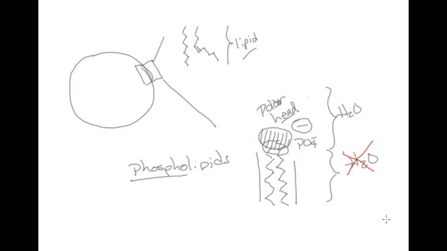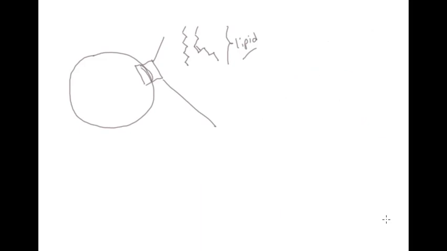And there's a name for a substance like this. This substance is called amphiphile, meaning that it can interact with water, but there's also a portion of it that's hydrophobic that prevents this interaction with water.